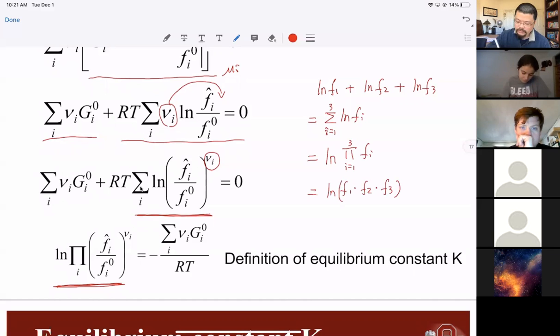So pay attention to this switch. This is how we change from the summation term: if we have the log operation, we are able to switch the order and convert that into a product. This is just an example.